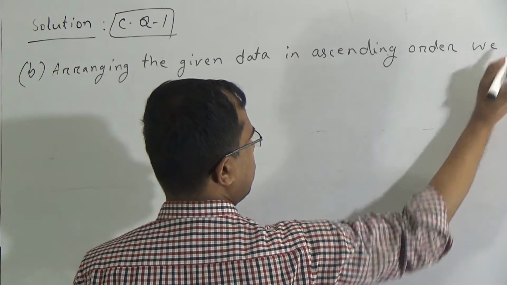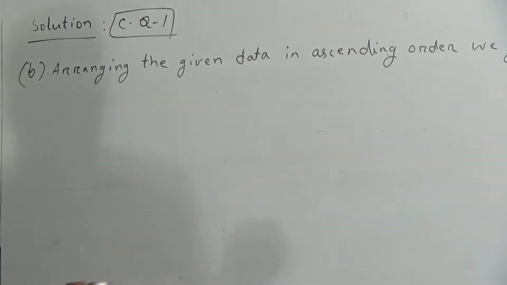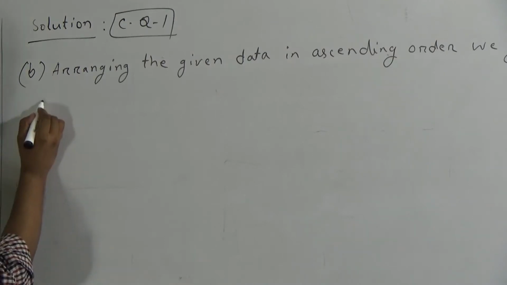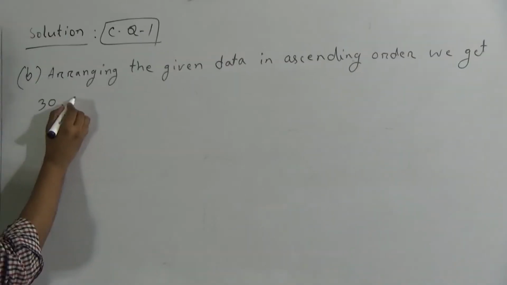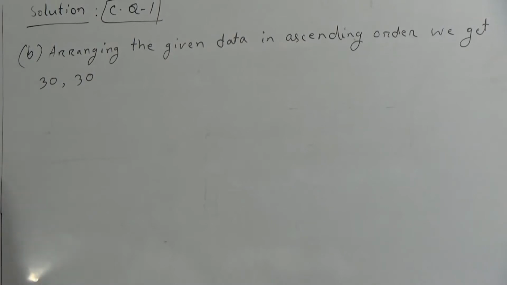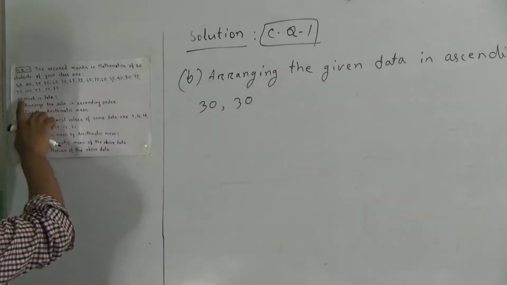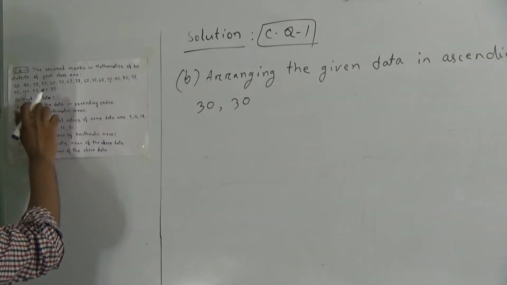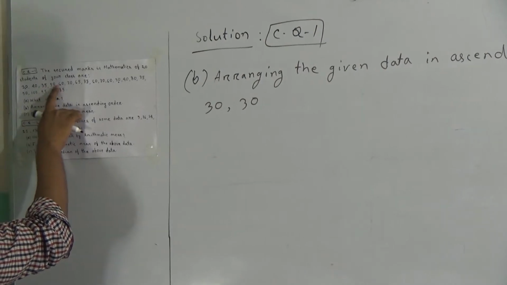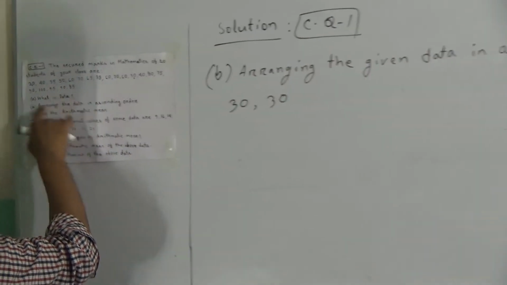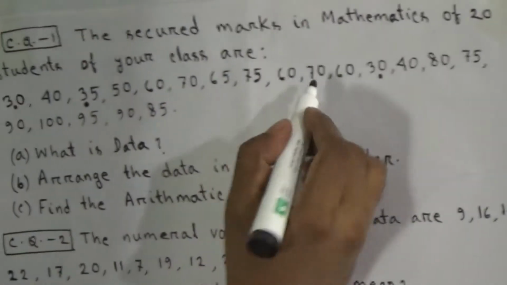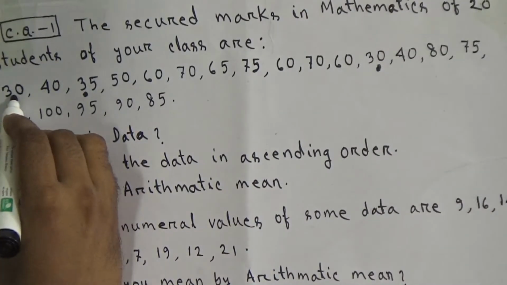We get ascending order means smaller to greater. Smallest number here is 30, and it exists 2 times, so we'll write 30, comma 30. Then 35 exists here. I think it is the smallest, except 30. Yes, 35, only 1 time. So we'll write now 35.